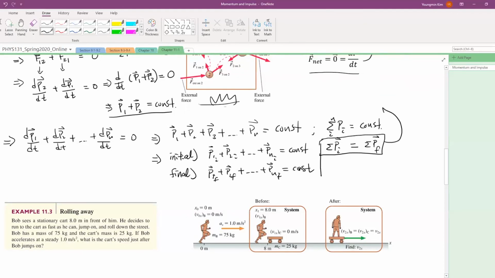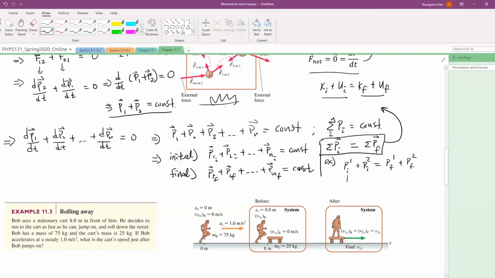Now remember, this is a very analogous situation to conservation of energy, where eventually we derive using the initial state compared to the final state for the energies, right? This is the exact same thing. So if you have a situation involving two particles, for example, you will write simply that the initial momentum of particle 1 plus the initial momentum of particle 2 is equal to the final momentum of 1 plus final momentum of 2.